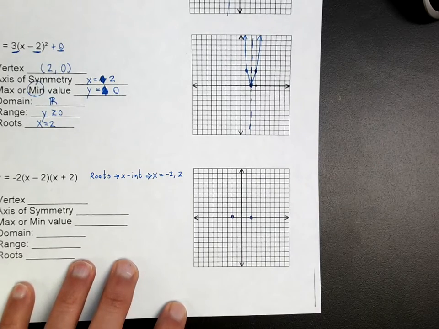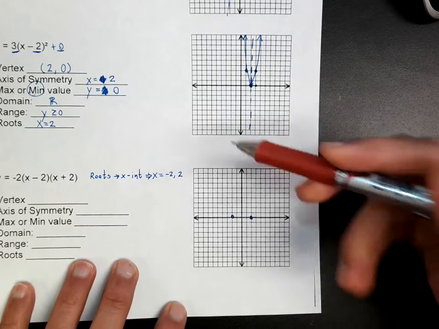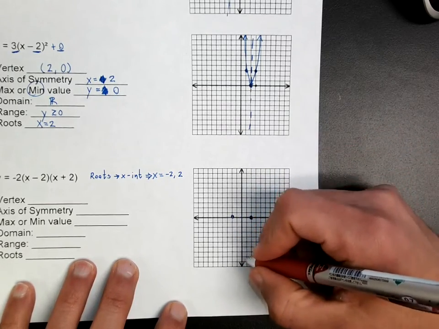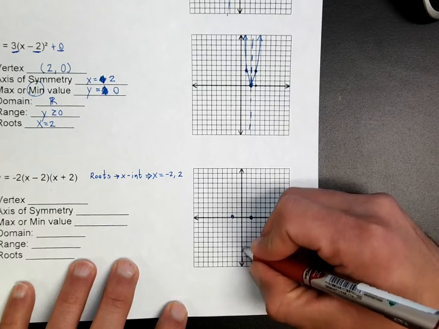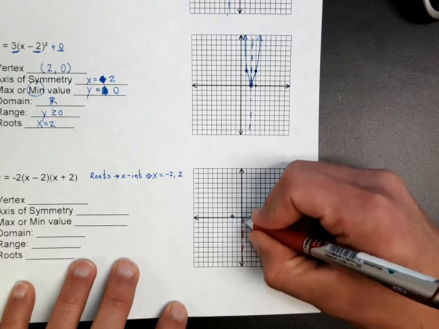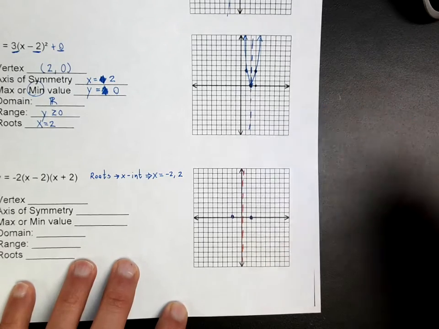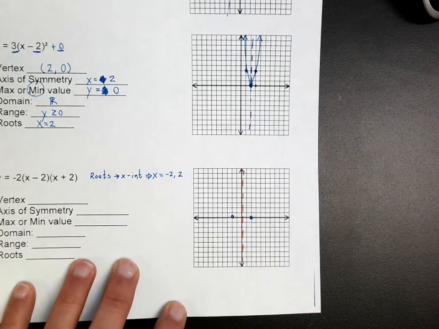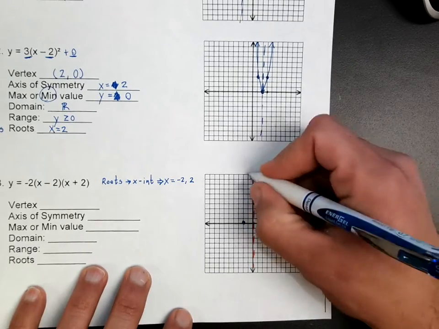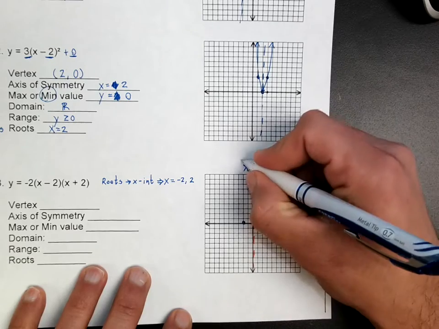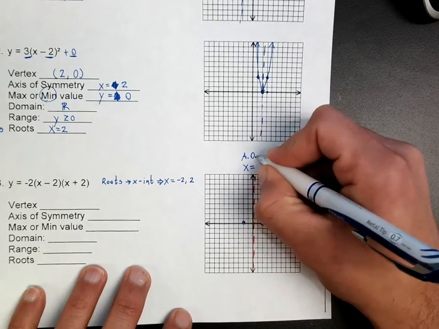Now on this one, my axis of symmetry, remember that when you have something in root form, my axis of symmetry, which is going to give me my vertex, is located right between those 2 points. All right, so I'm going to draw this red line in this case, so hopefully you can see it, that's my axis of symmetry. Remember that a vertical line is x is equal to, in this case, x is equal to 0.